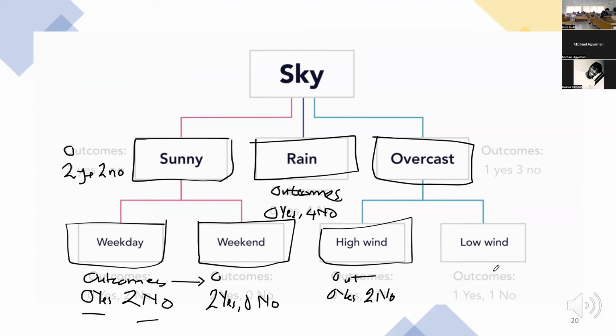So that's the outcome. However, on low winds or less windy days, Yash went to the beach once. And at the same time, on another day, it was not windy, so windy day, Yash did not go to the beach. So that's interesting.